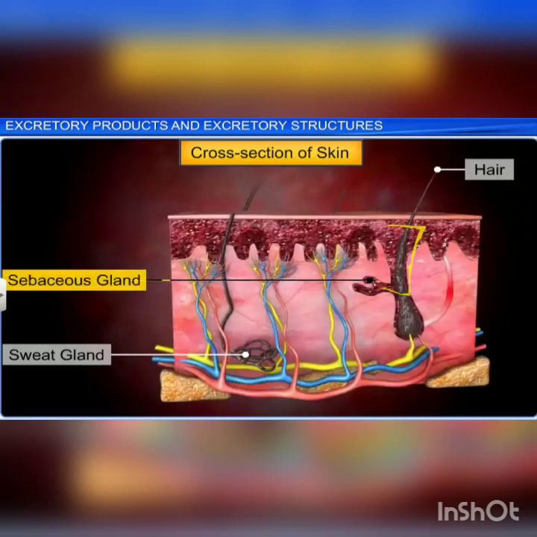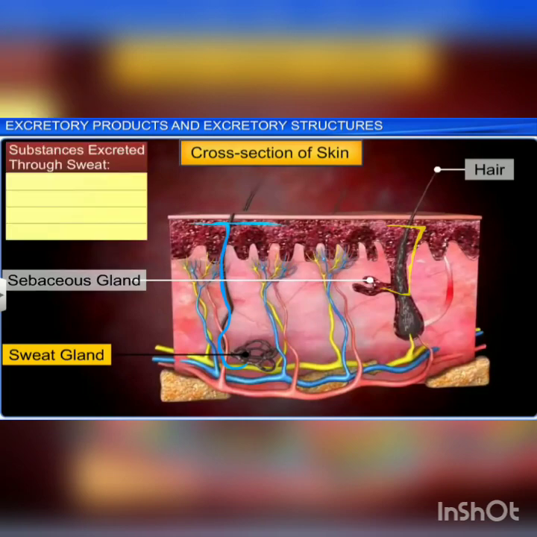Like the sebaceous glands, the sweat glands on our skin also help in the removal of excretory wastes. These glands produce sweat, a watery fluid containing sodium chloride and small amounts of substances such as urea and lactic acid. Moreover, sweat also helps to cool the body's surface.